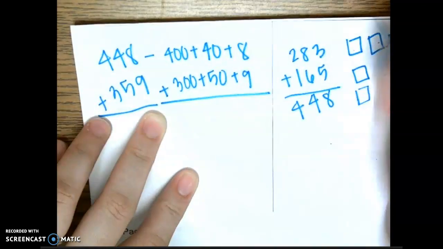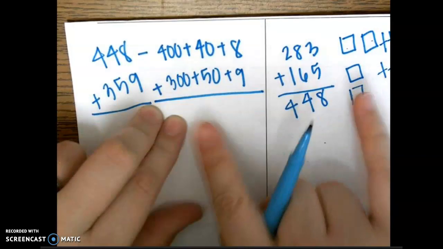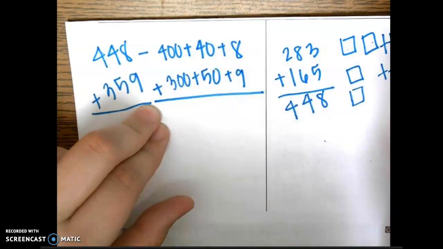So you can see base 10 blocks and using break apart, you don't have to use one or either, or you can use both, or you can just stick to one.